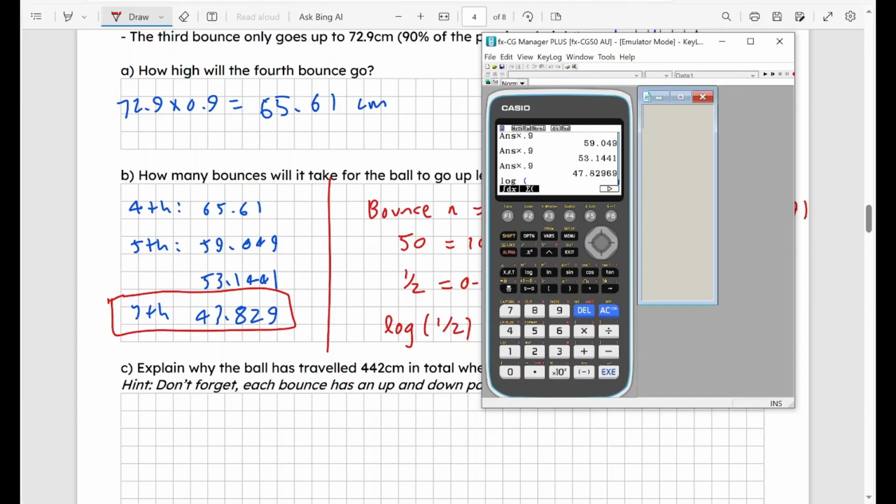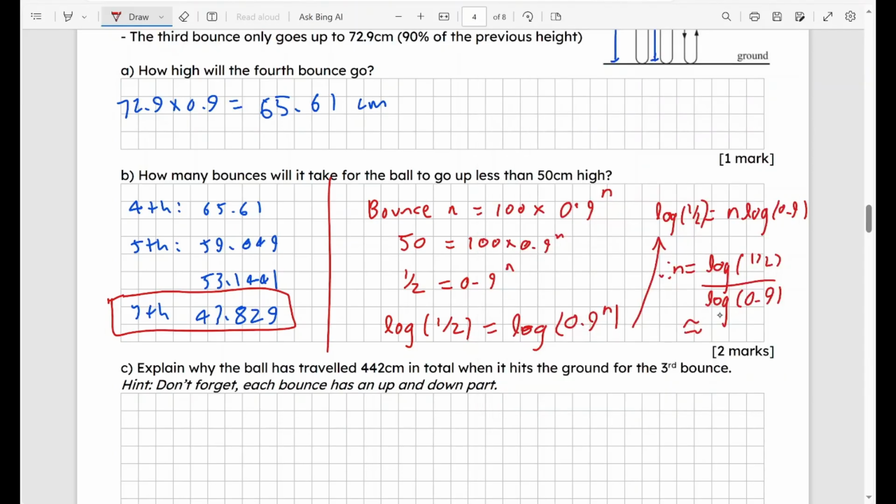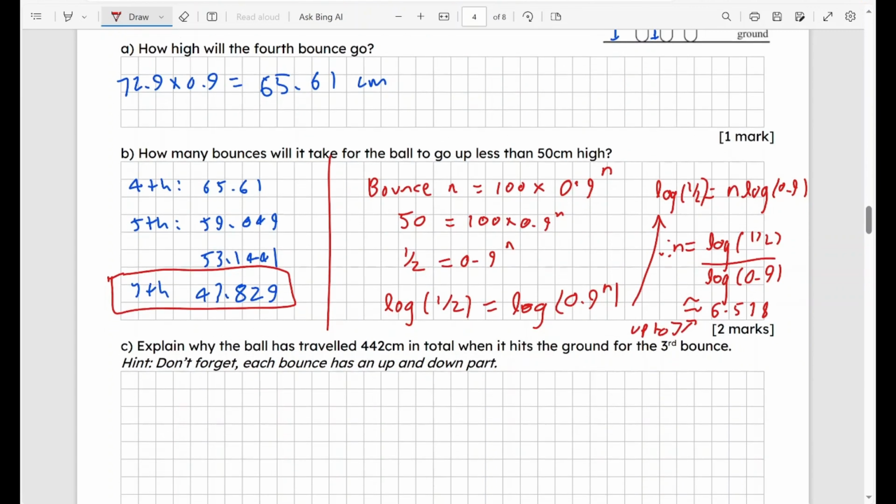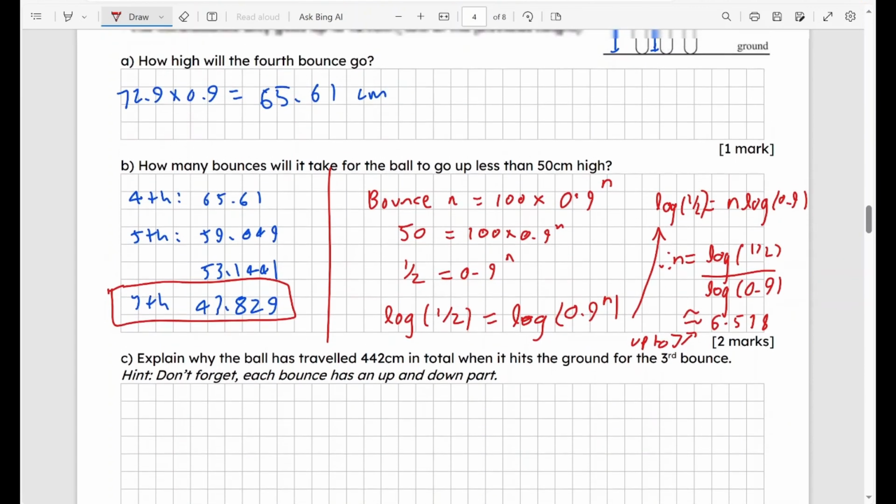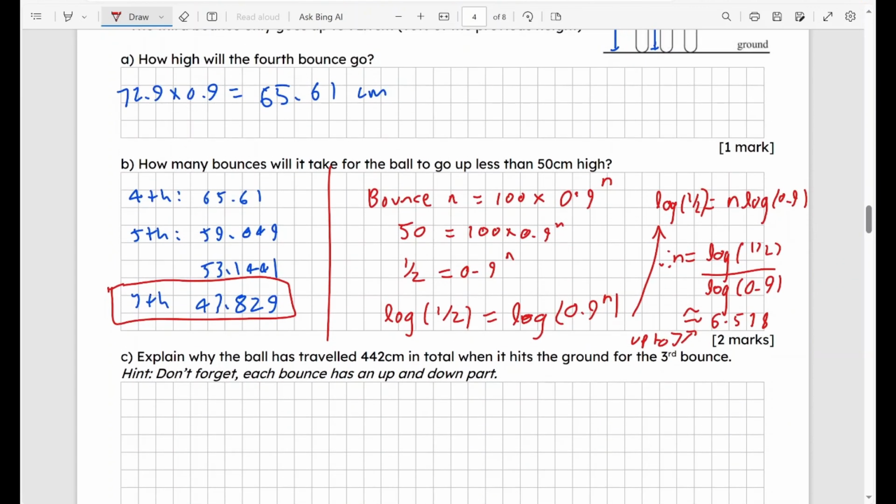So log of a half divided by log of 0.9 should give us 6.578 up to 7. So you'd have to round up to the seventh bounce if you want to do that, because the sixth bounce would be not enough, so the seventh bounce you need.